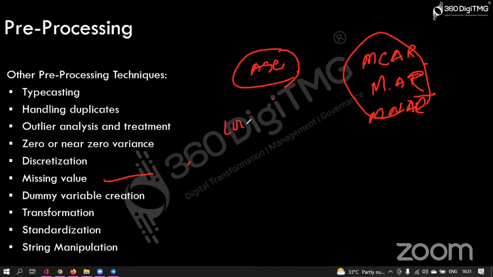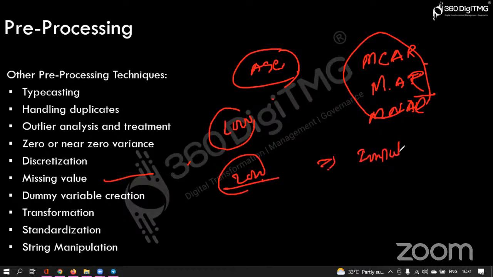So if you have 1000 data points and about 200 are missing, we won't be deleting all the missing data, right? So what will we do? We'll be doing imputation. Imputation technique: wherever you have missing values, we are simply replacing them with different imputation techniques.